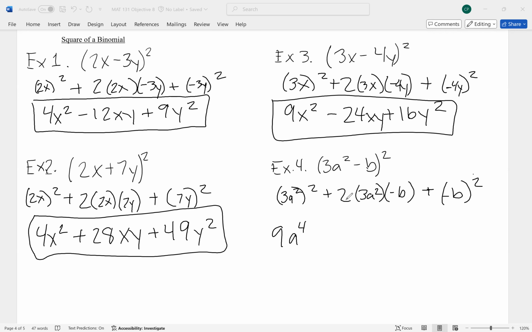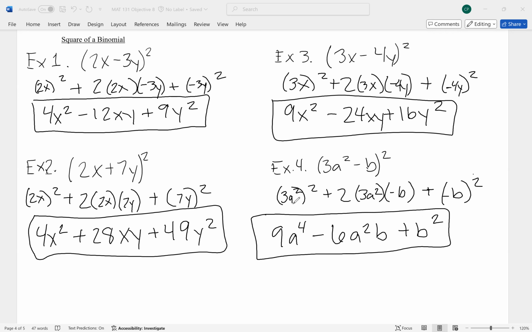Then in the middle, we have 2 times 3a squared times negative b. And that is going to be negative 6a squared b. And then we have negative b squared. That is going to be positive b squared. And that is the final answer.